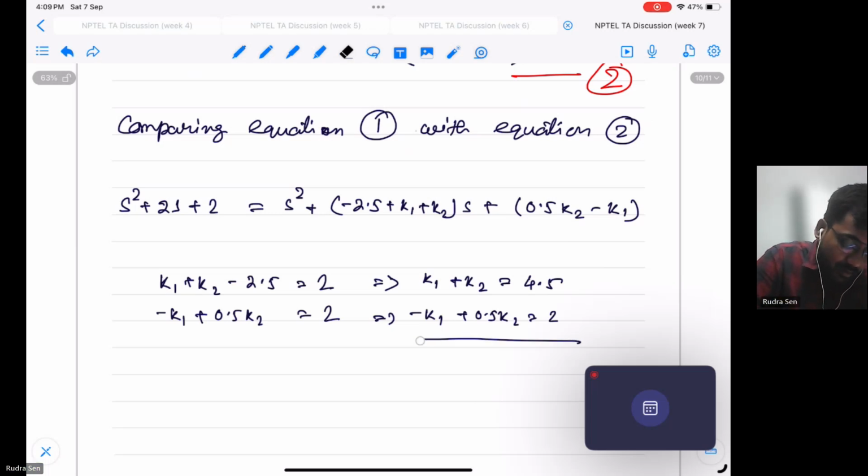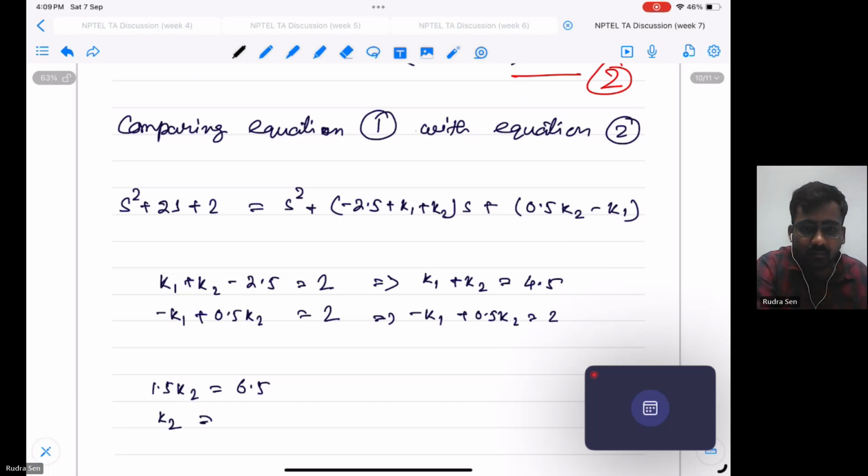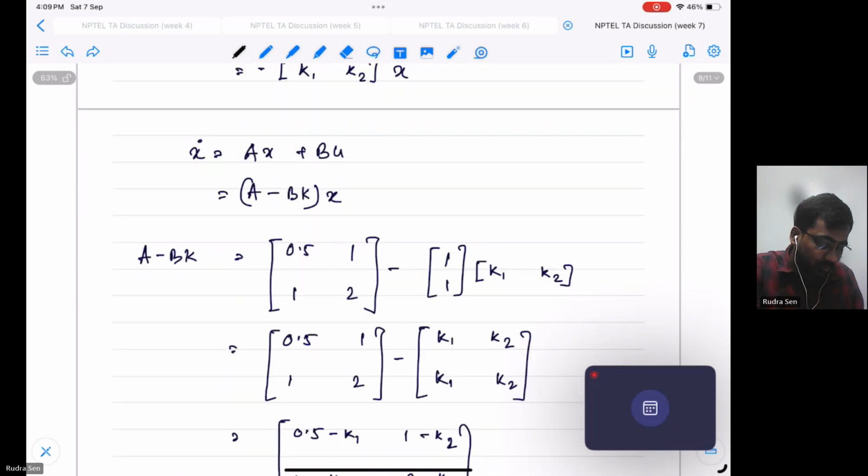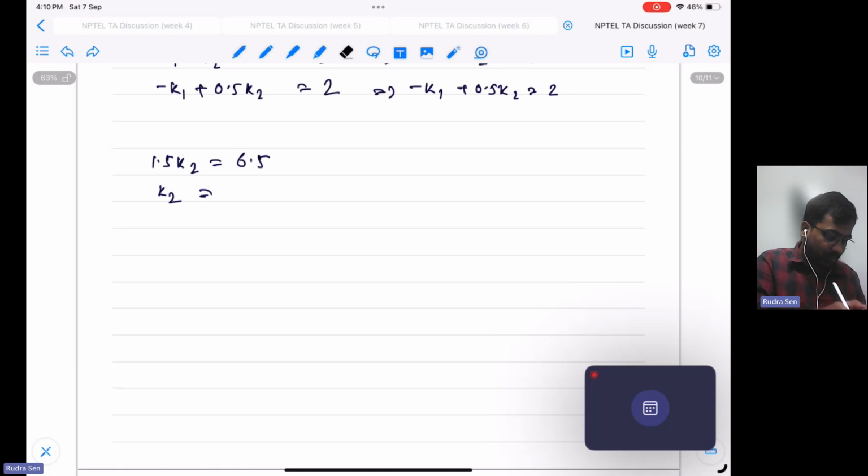So by cancelling out, we get 1.5 k2 equals 6.5, or k2 equals 6.5 divided by 1.5.